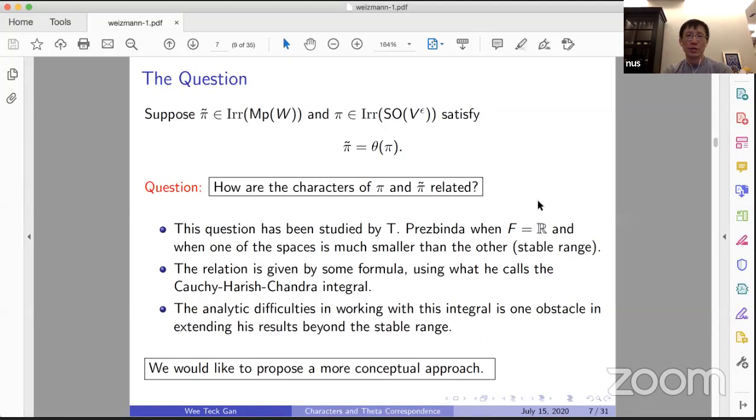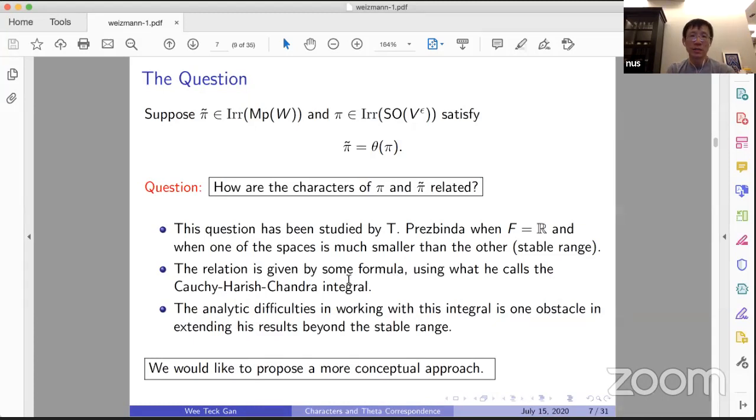As I mentioned, these characters are given by smooth functions on the regular semi-simple locus. So what Brechbinder was trying to do was to express, for example, this function for π tilde in terms of the character of π as an integral transform.